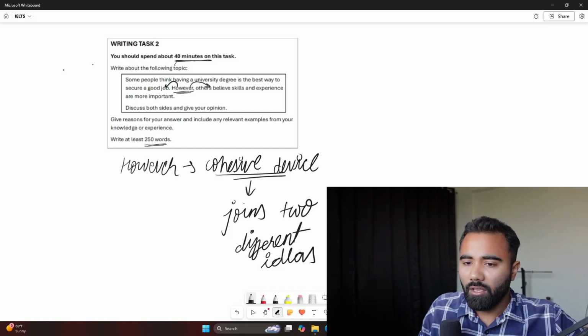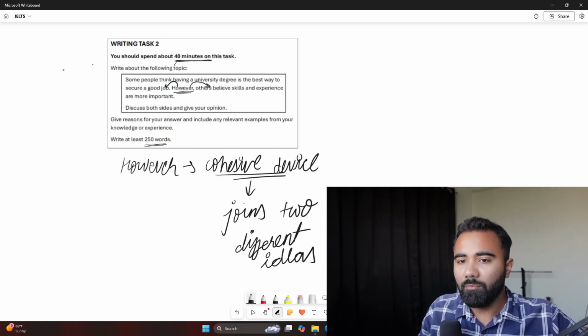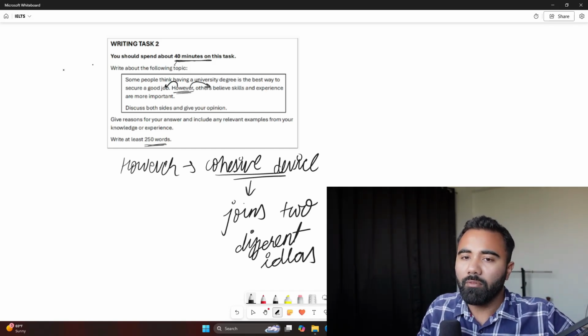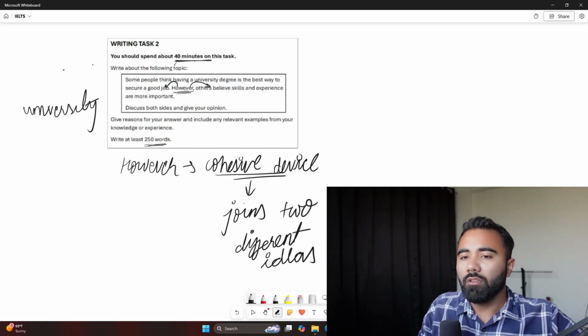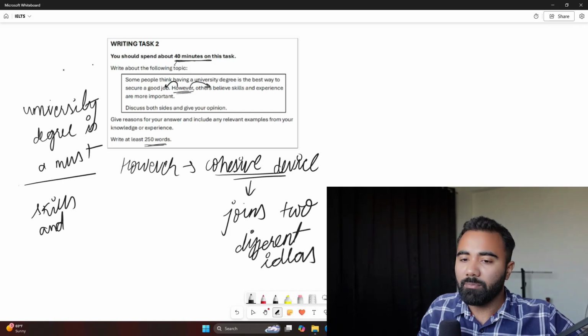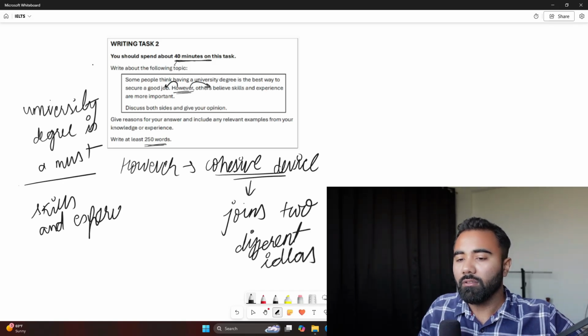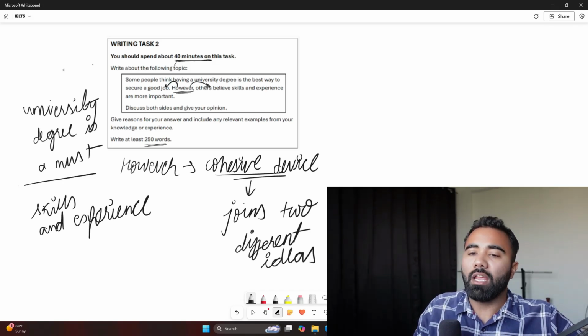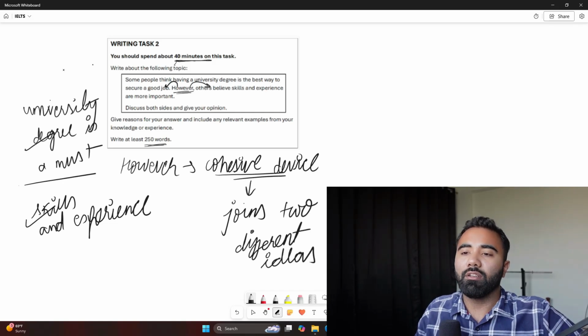On the one side, we have people who say a university degree is a must. On the other hand, we have people who say skills and experience matter. So you'll have to list down points of both the sides.